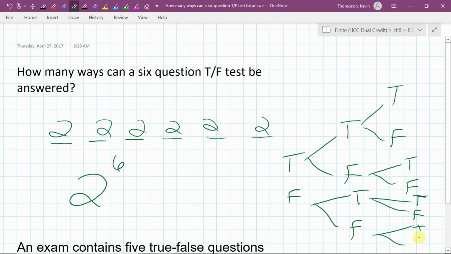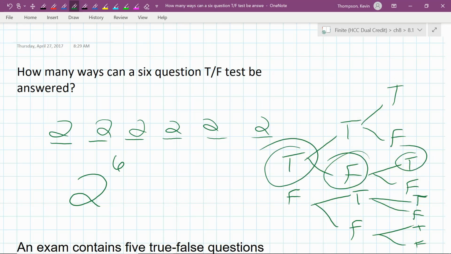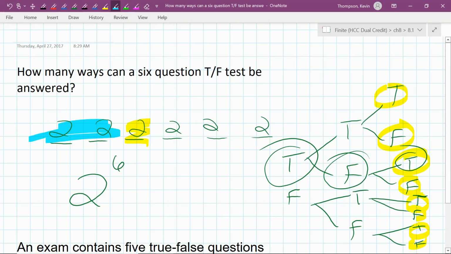So if I just write out the first 3 questions, the first question you could answer true, the second one you could answer false, then the third one you could answer true. You can follow the path of this tree diagram. What I want to say is that either of the 2 choices for the third question can be paired with any of these 4 choices that have happened.